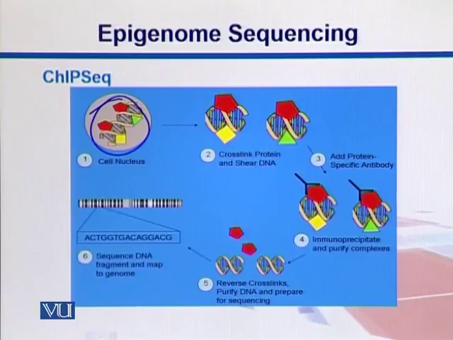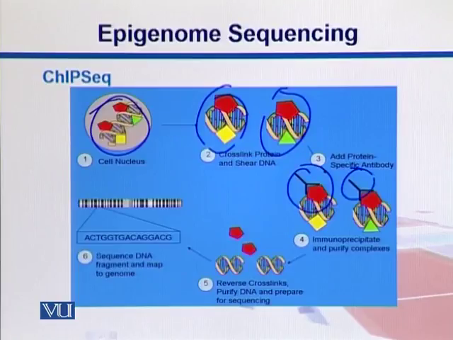We shear that DNA, and then we add specific antibodies to capture those proteins. In this way we can capture the DNA, remove those proteins, and then submit that sequence for sequencing. We can identify what sequences are there, and we can have an idea about the binding sites for these proteins.